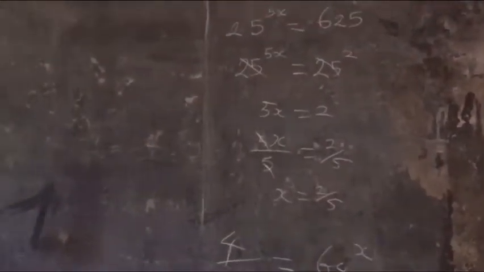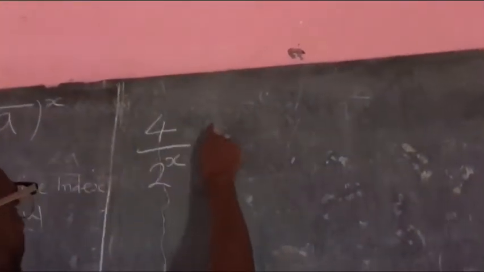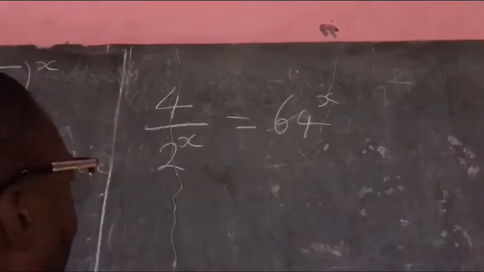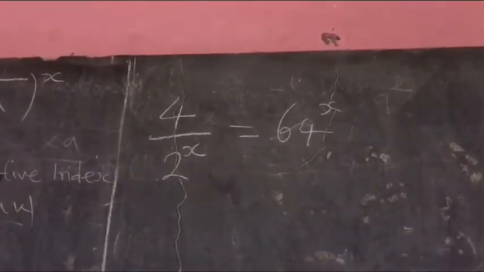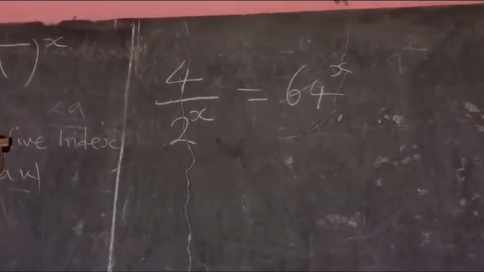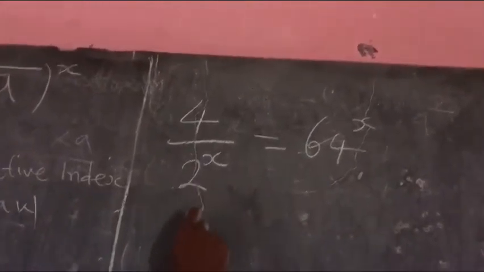So I get 4 over 2 raised to power x equal to 64 raised to power x. That's another way of doing it. So now let's do the maths. Cool? So from here, I can separate this one.